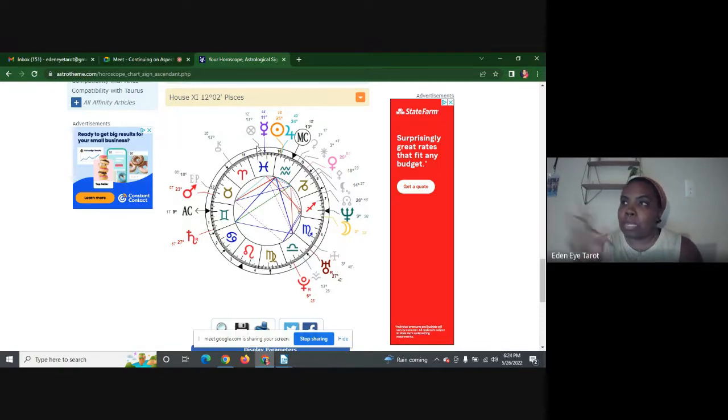So Mars represents its own concepts such as aggression and drive and instinct and work and maybe severing things. But for you in particular, it would also have the dignity of representing things like danger, and that's a Mars thing already, but it also represents money for you.